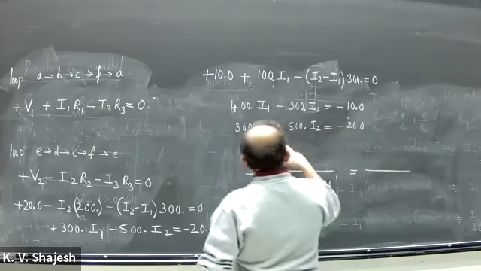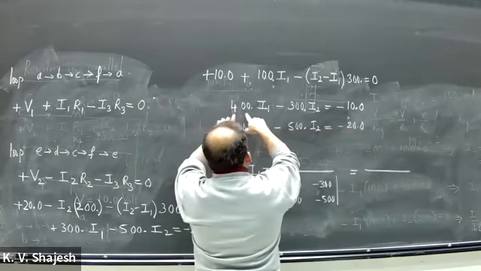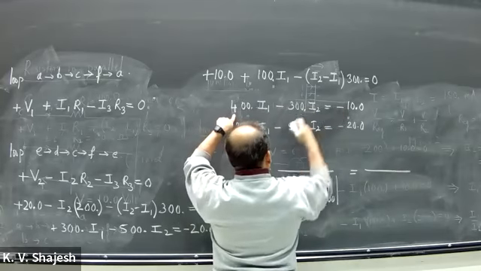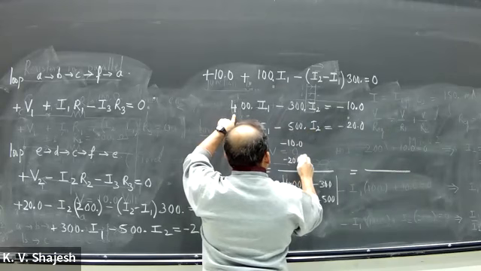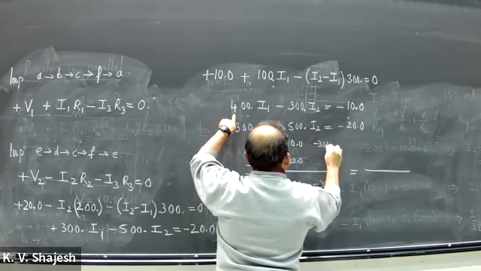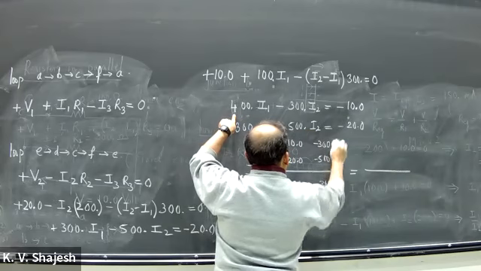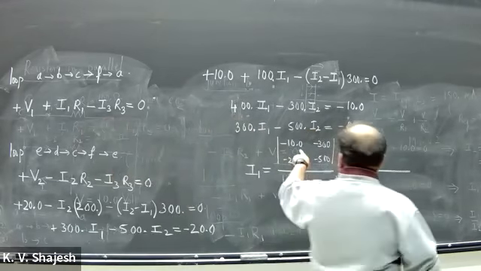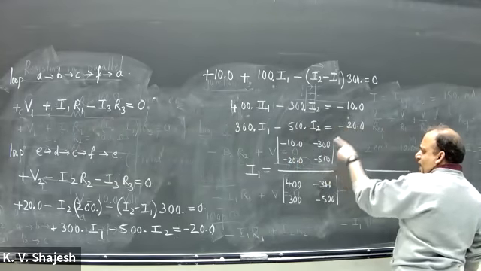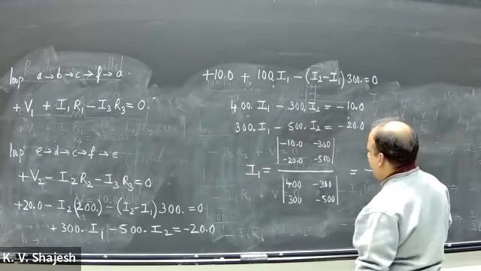When I'm solving for I1, the equation is 400 and 300, minus 10, minus 20, and minus 300 and 500. That's a straight way of doing this. What you do is multiply the diagonal and then subtract the multiplication of the other diagonal.